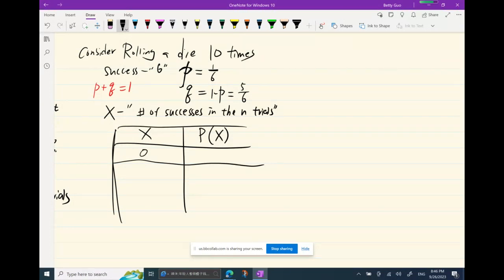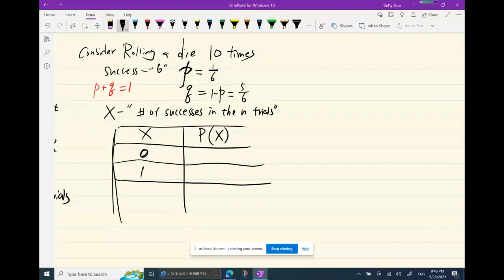X here represents the number of successes among the 10 trials. When we roll a die 10 times, X represents the number of 6s we got among the 10 trials. Is it possible we don't get any 6 at all? Yes, that's going to be possible. So it's possible we get a 0, right?